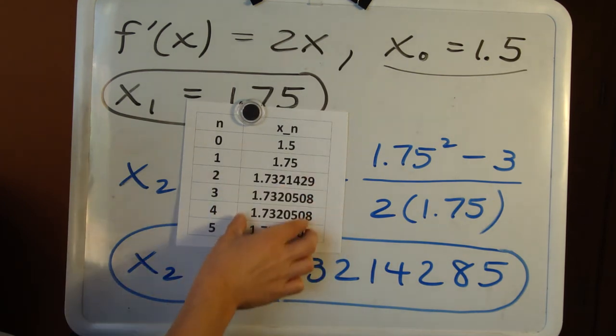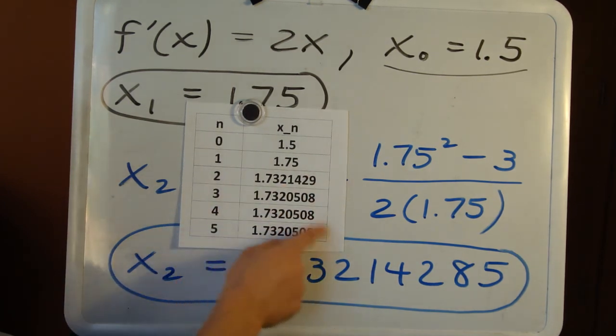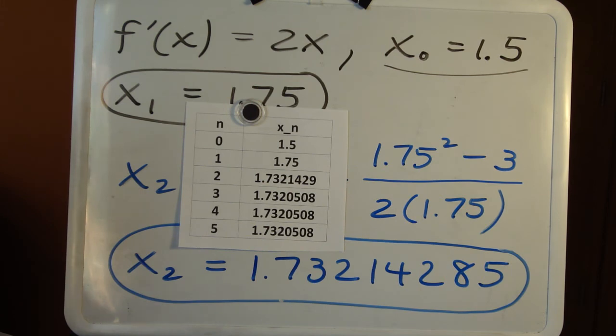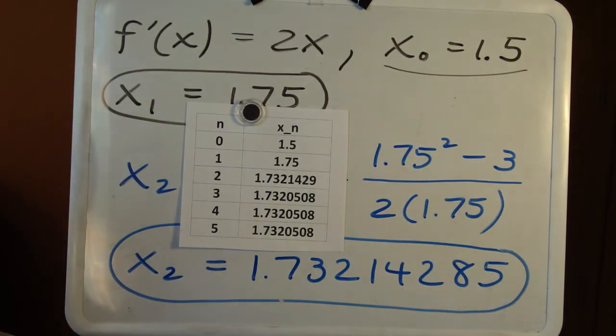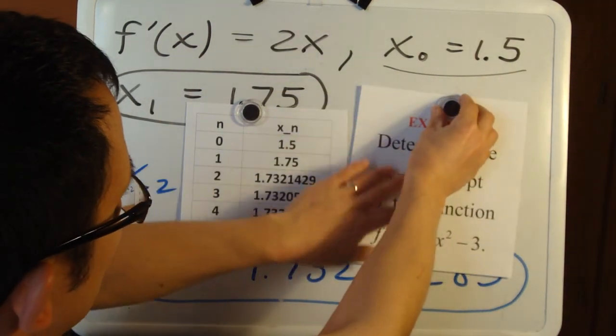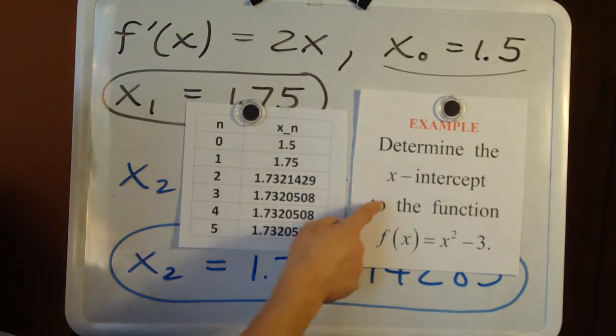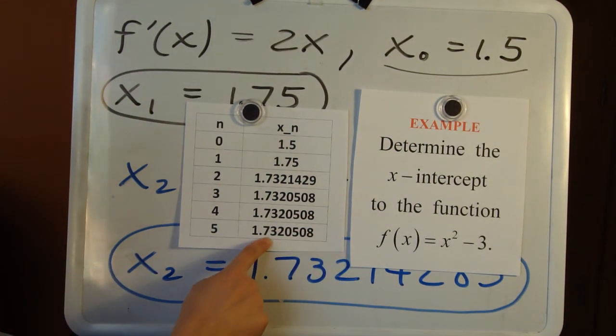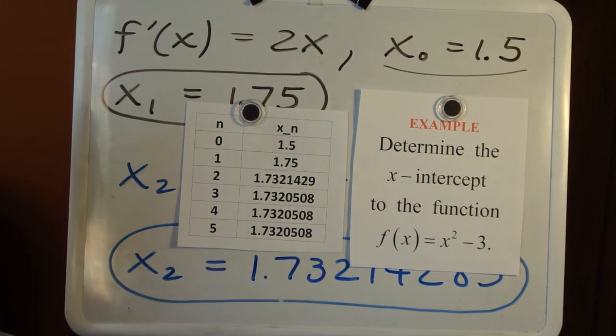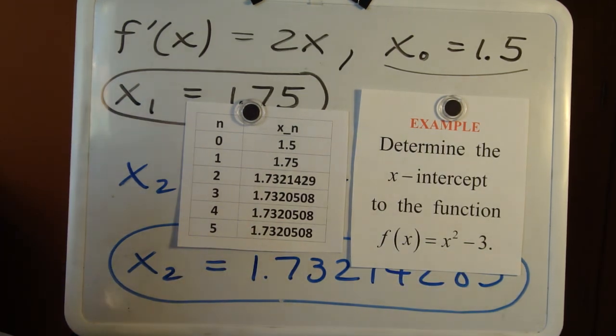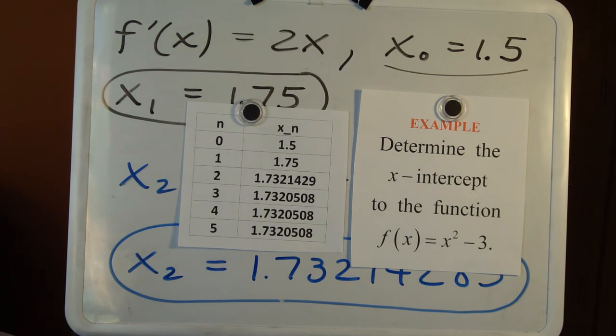This is a good thing because it's telling you what the x-intercept is really going to be. So when you go back to the original example, determine the x-intercept of this function, it would be this value here. And all that really means is 1.732 squared minus 3 is very, very close to being equal to 0.